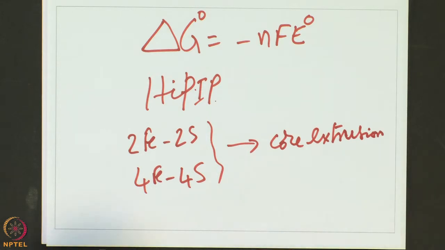You take the protein and add excess thiol from outside, and it will take the core out and the protein becomes the apoprotein. You can check the absorption spectrum and compare with the standard one, and identify whether the protein has iron with 4 thiolates, a 2 iron 2 sulfur protein, a 4 iron 4 sulfur protein, whether it is a rubredoxin, a ferredoxin of the 2 iron type, or a ferredoxin of the 4 iron type.